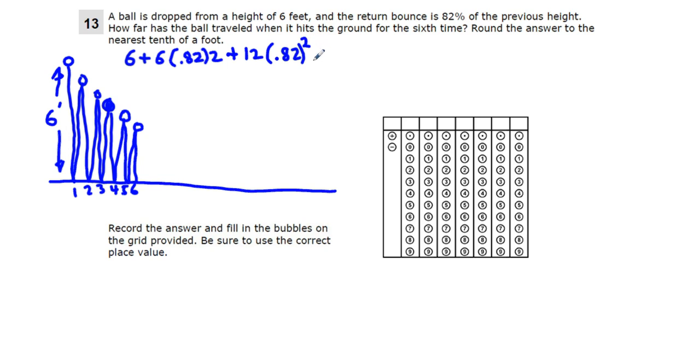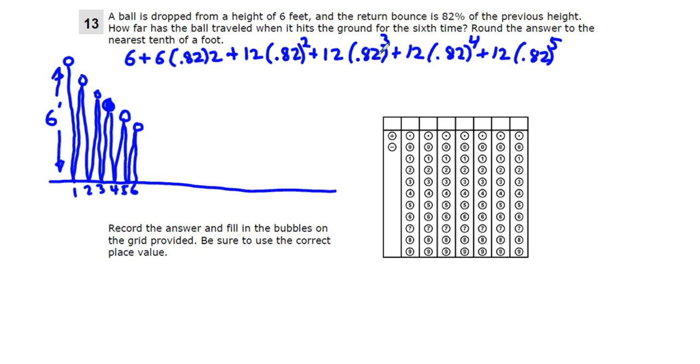Okay, that'll get us to 3 touches, plus 12 times 0.82 cubed. That gets us to 4, plus 12 times 0.82 to the 4th. Excuse me, I said to the 5th, I meant to the 4th. Plus 12 times 0.82 to the 5th.